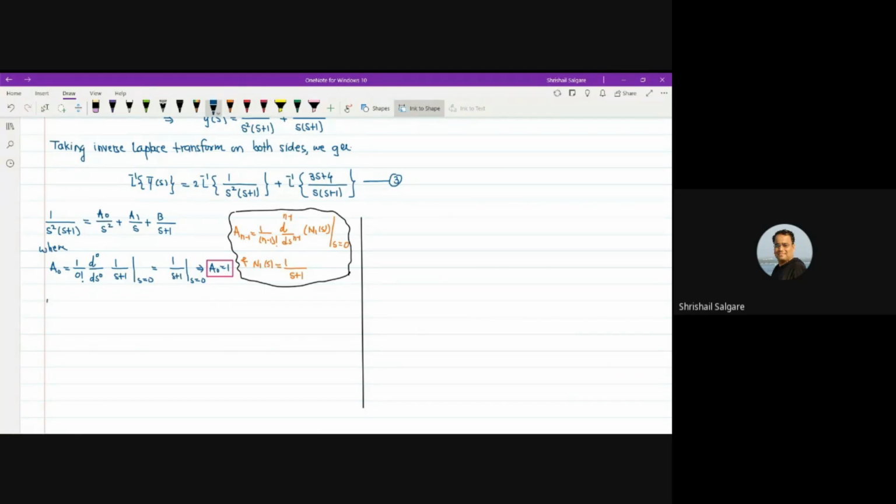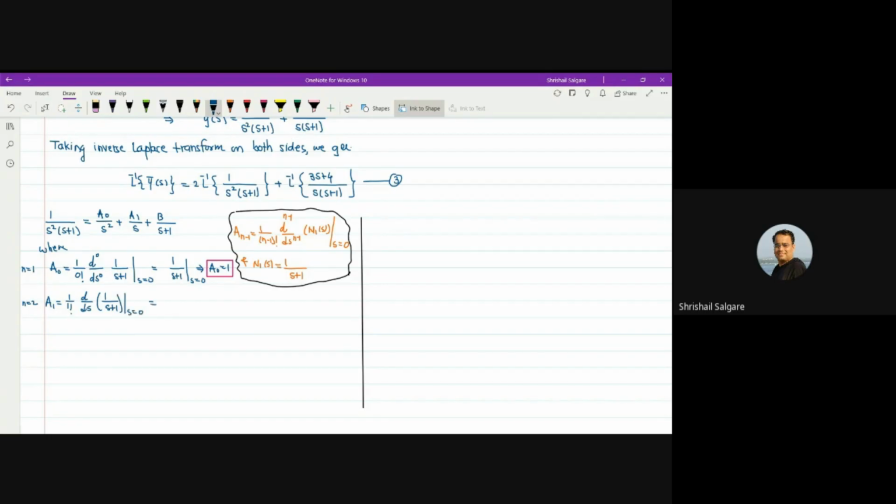Next, A1 is given by 1 upon 1 factorial into the first order derivative, because in the formula I am putting n is equal to 2. First order derivative of 1 upon s plus 1, and after the derivative, put s equal to 0.